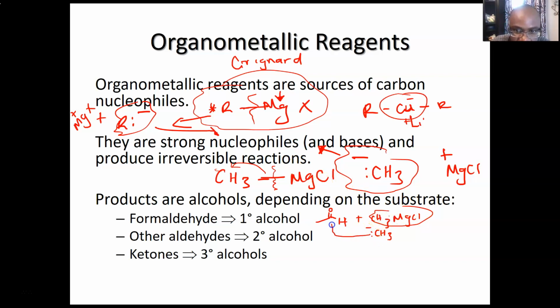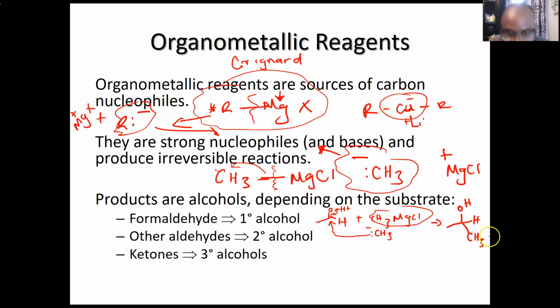So you use this to attack the carbonyl. This opens up, picking up a proton, so you'll get your OH. The hydrogen was there originally, and the CH3 is now attached onto the carbon of the carbonyl.